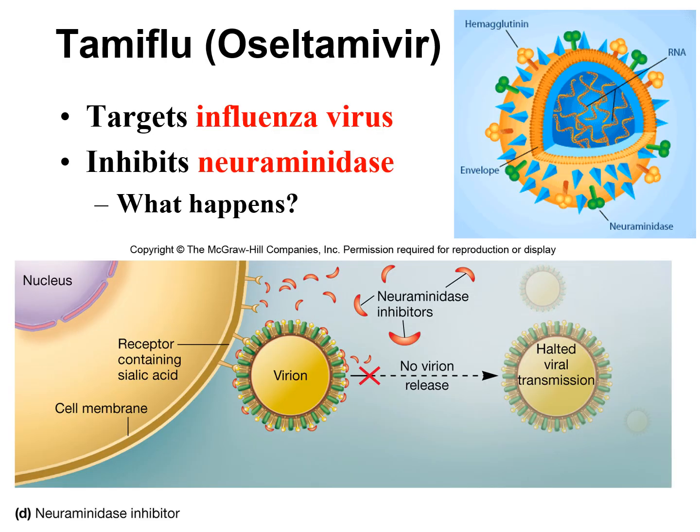Let's take a look at Tamiflu, an antiviral drug you probably have heard of. So this one will target the influenza virus. What it does is it inhibits an enzyme on the influenza virus called neuraminidase. This enzyme is located on the surface of the flu virus. It's this green, what we call a spike protein here.